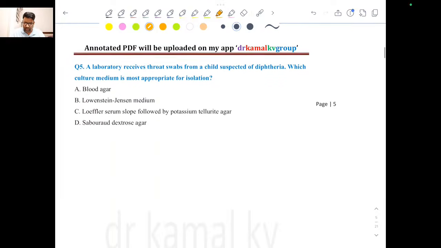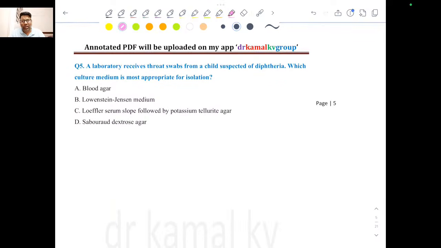Then this is one more easy question from a very favorite topic. A laboratory receives throat swabs from a child suspected of diphtheria. Now, which culture medium is most appropriate for isolation of the offending bacterium?